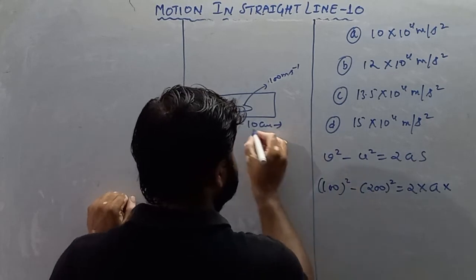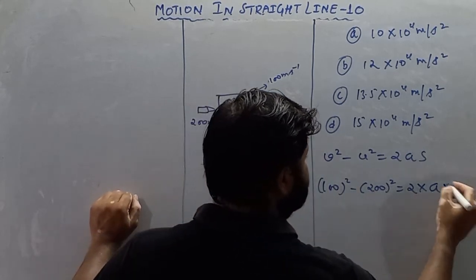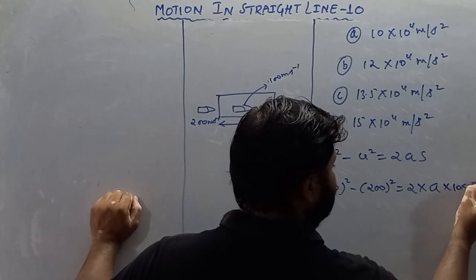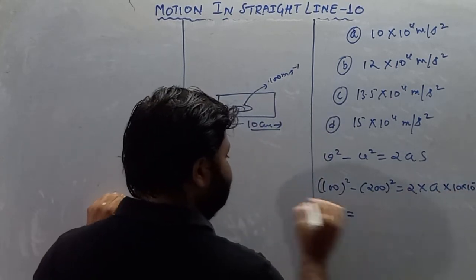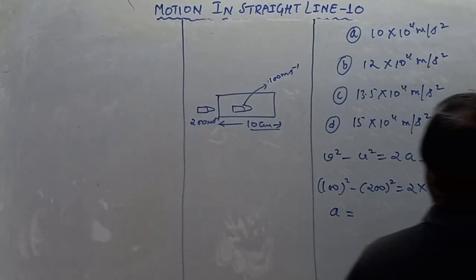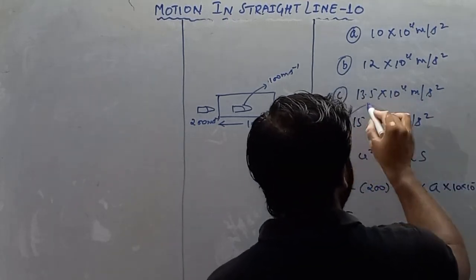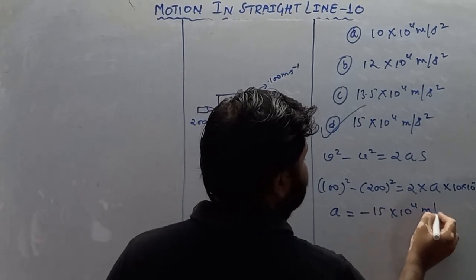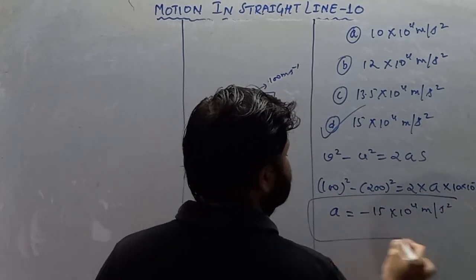S is distance. So distance is 10 centimeter, so convert it into meter. It will be 10 into 10 raised power minus 2. So try to find the answer, my dear student. The answer must be minus 15 into 10 raised power 4 meter per second square. This is the answer.